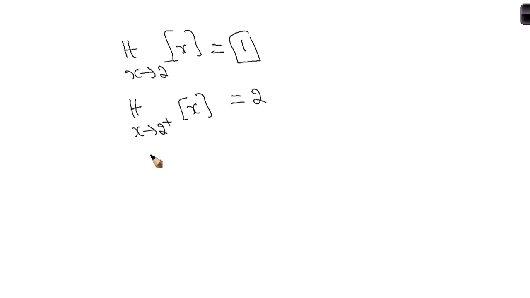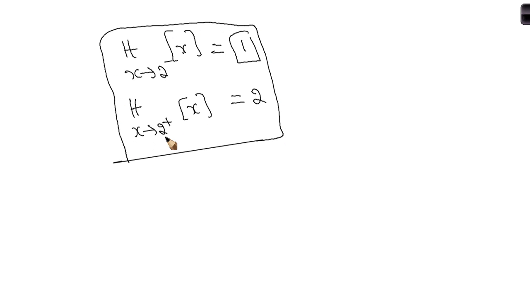So again clearly the left hand limit of this function is not equal to the right hand limit, hence the limit does not exist at x is equal to 2.